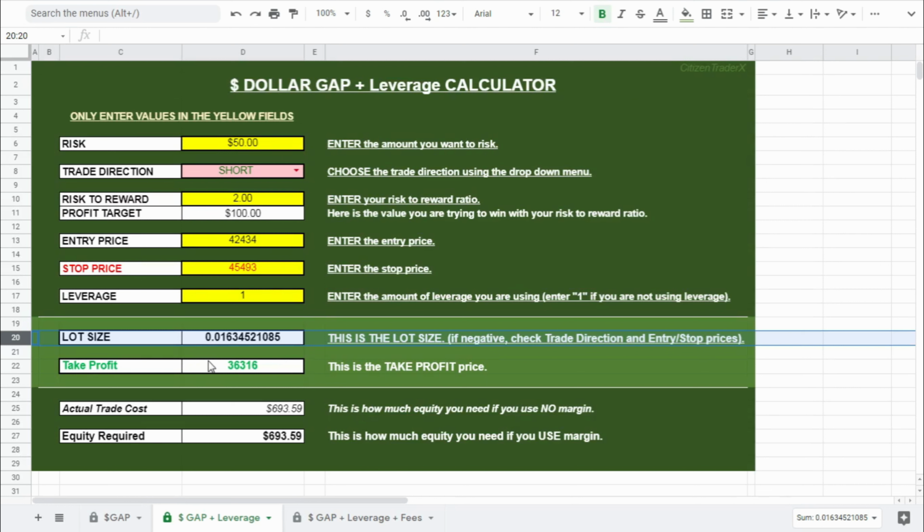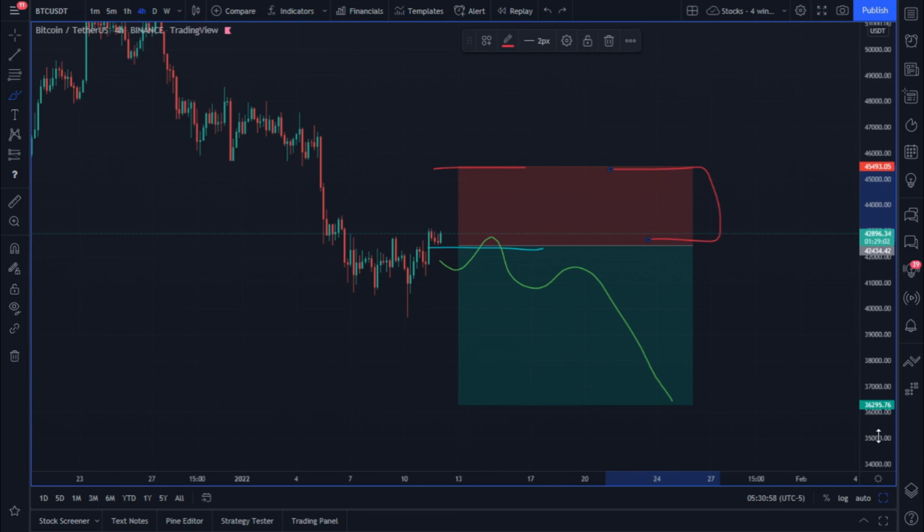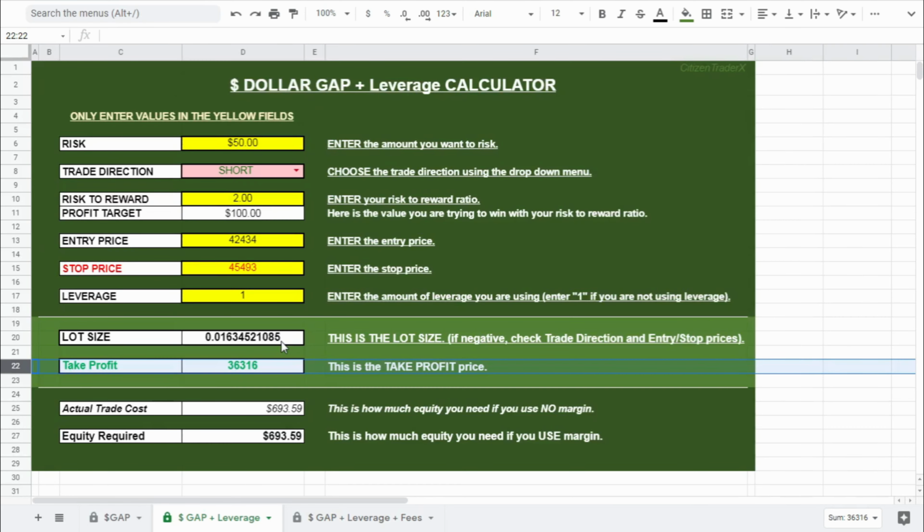We need to sell 0.016 Bitcoin. Our take profit is 36,316, 363. Okay, close. Remember, we're not 100%, but it's close enough, and the calculator's right.